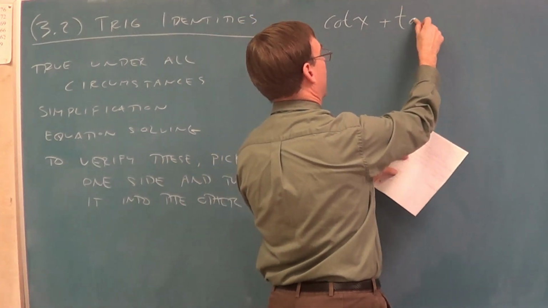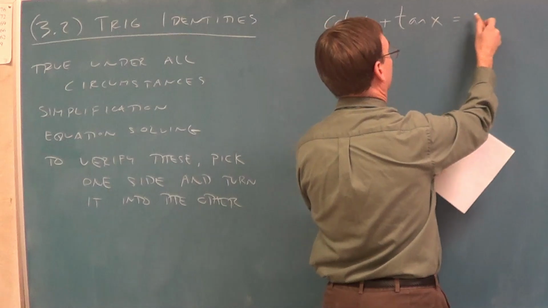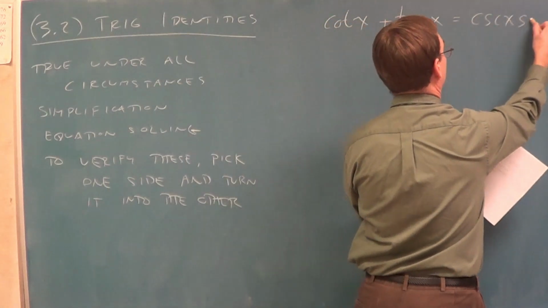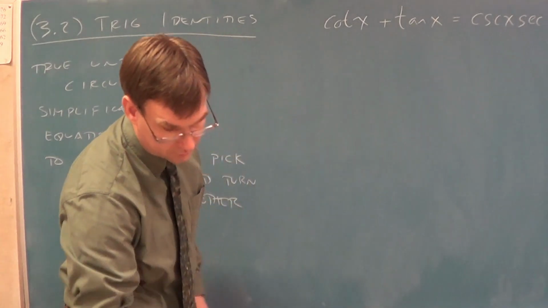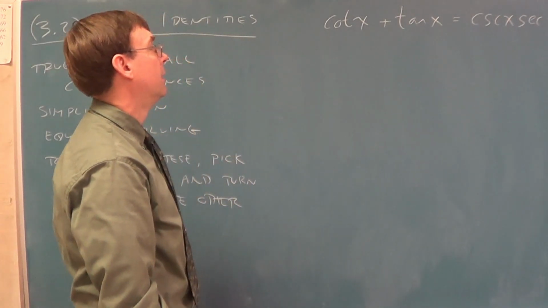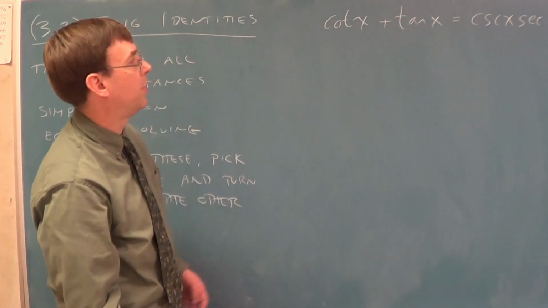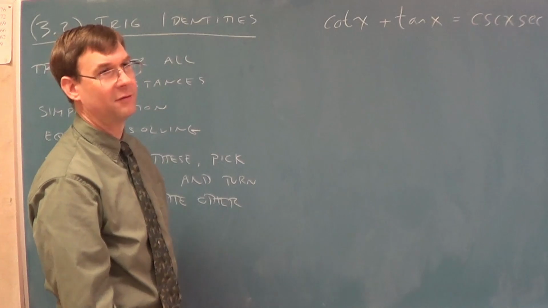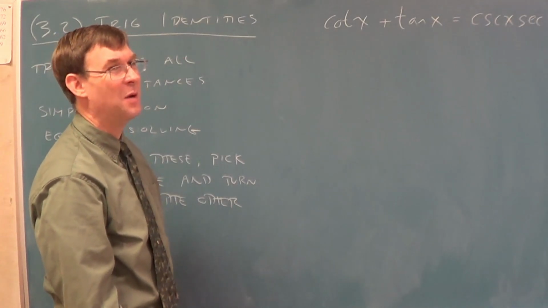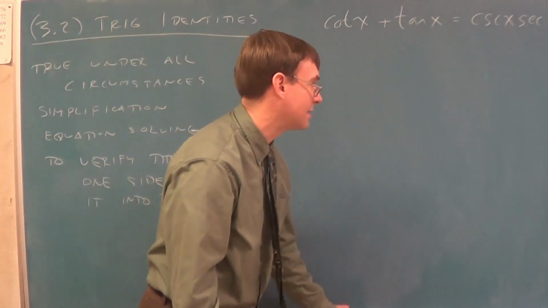But I'm going to say cotan x plus tan x equals cosecant x secant x. So first we've got to pick a side. If you have an algebra idea, pick that side. If you don't have an algebra idea, just use the left. If you're not sure, don't be paralyzed forever trying to pick a side. Just start with the left piece.